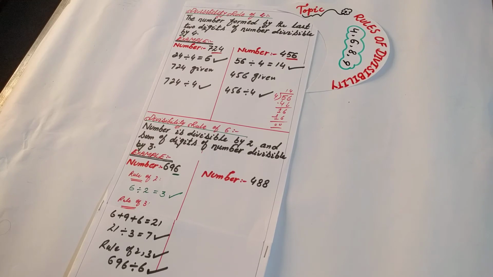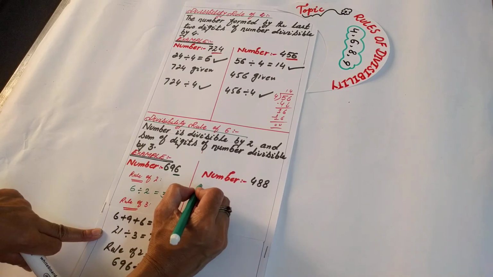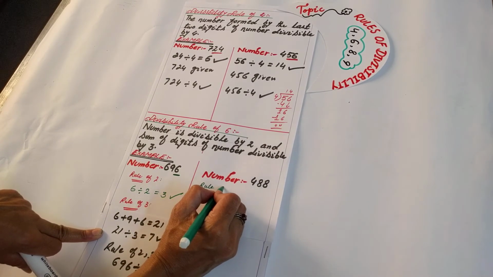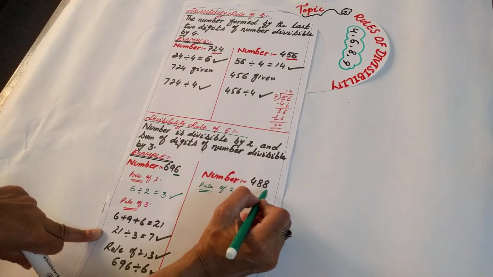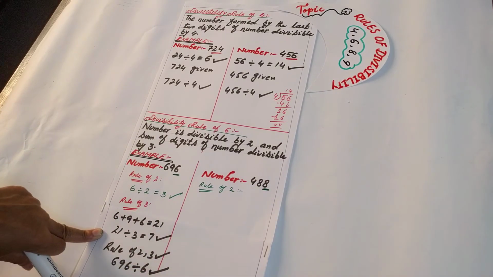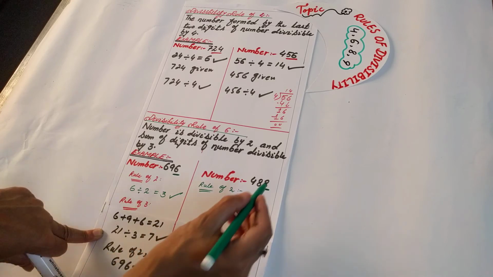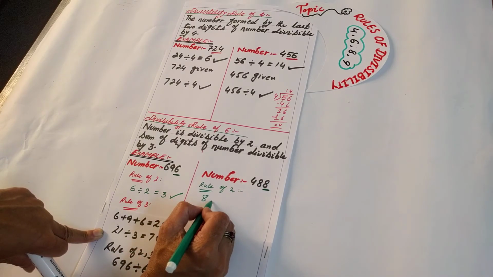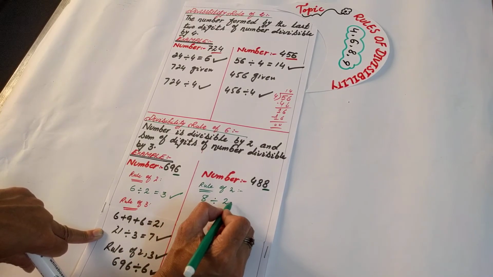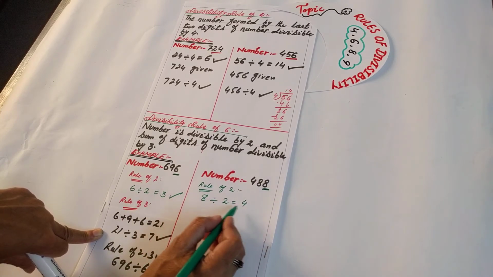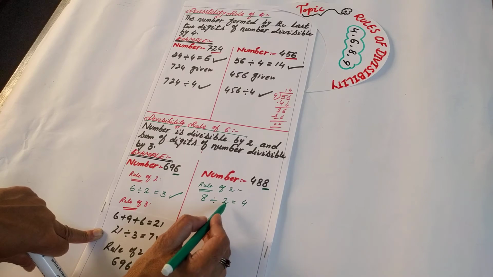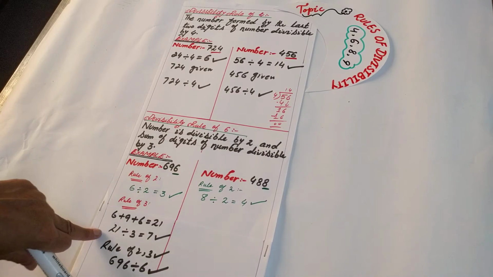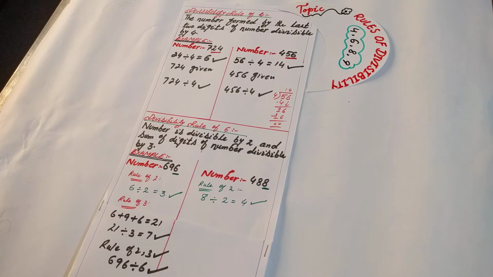Check the rule of 2 first. What is the rule of 2? The unit place digit should be an even number and divisible by 2. Yes, the unit place digit is 8 and 8 is divisible by 2. 2 fours are 8. 8 is completely divisible by 2. It means the divisibility rule of 2 is satisfied.